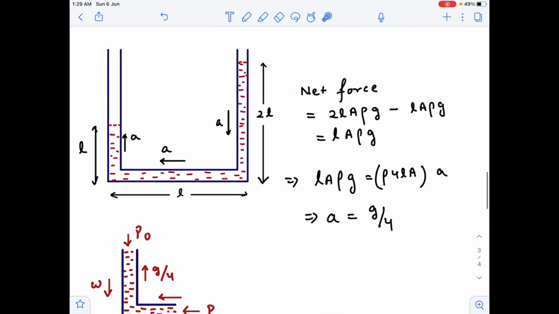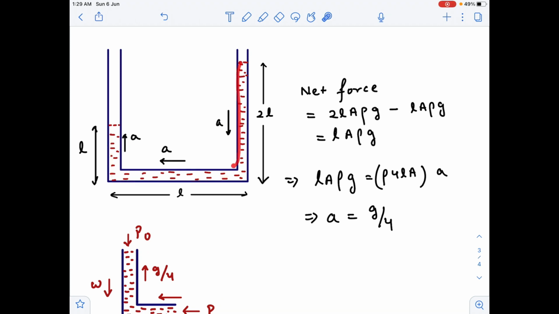Just when the tube stops accelerating, so the acceleration becomes 0, the imbalance of the weight due to the two columns on the right and the left will create an acceleration of the whole liquid column.